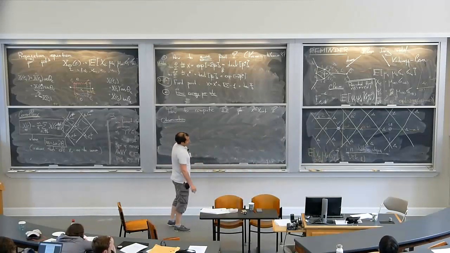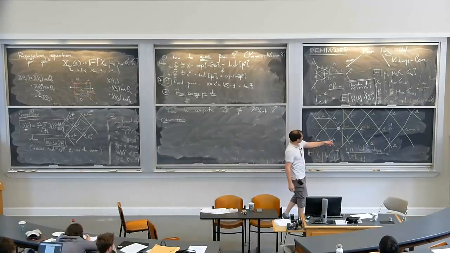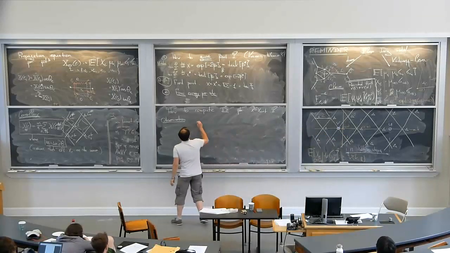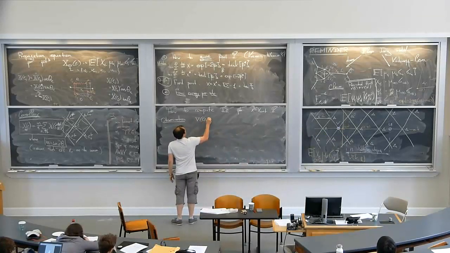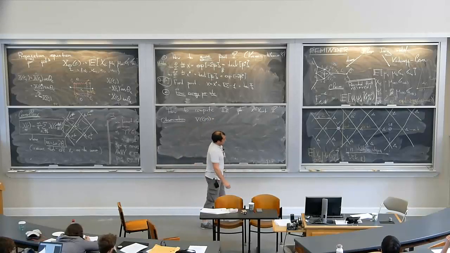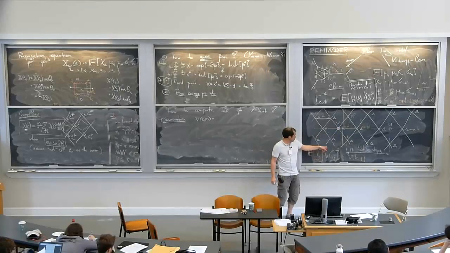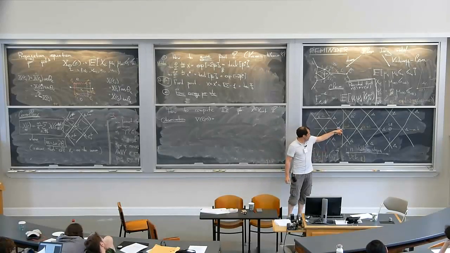And there is an observation. An observation is the following. Let's try to understand what is the value of my function exactly here. Well, I should put chi of c, mu, v.